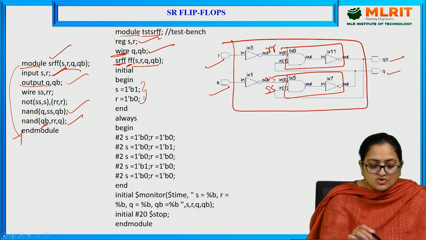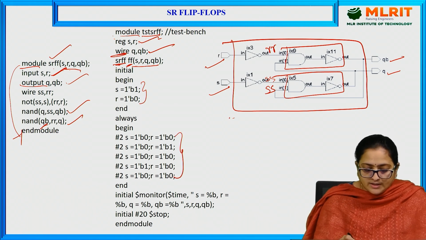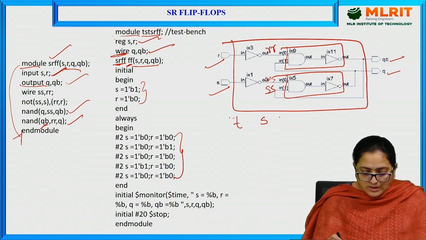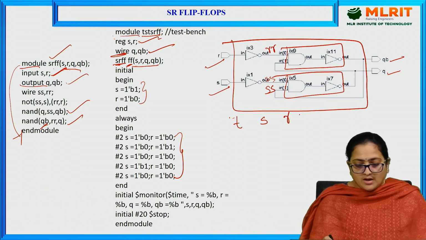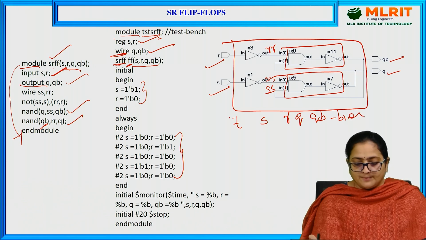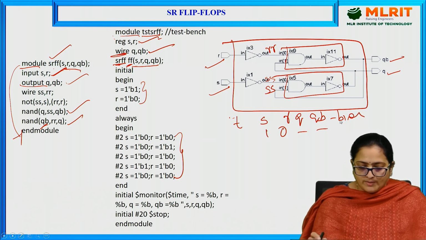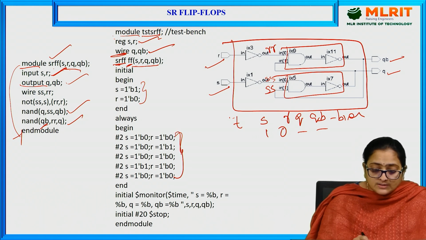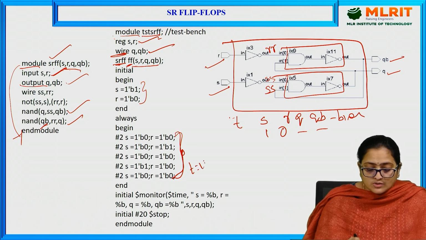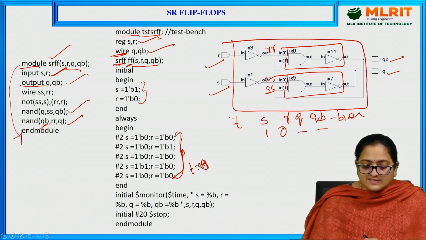Then I have initialized the values for R and S. Then I have started monitoring the time, S value, R value, Q value and QB value in terms of binary. With respect to the S and R values, the Q value and QB value will be executed, and this repeats till time t is equal to 19. Obviously for every 2 time intervals, so it repeats till t is equal to 18.